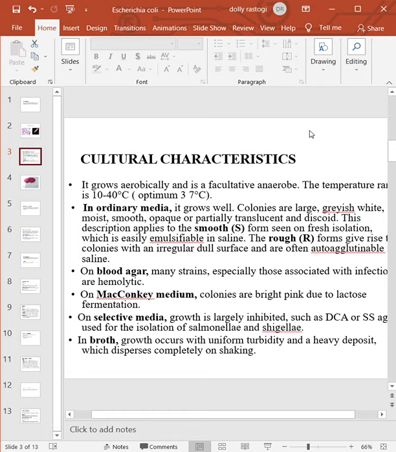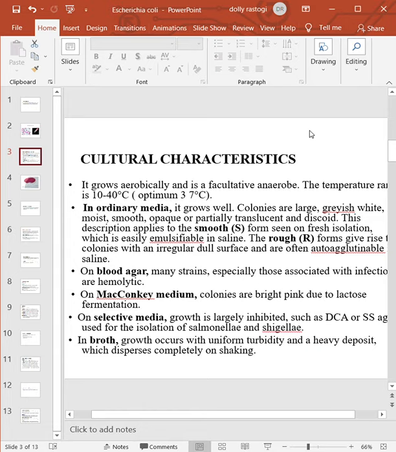The colonies that appear after incubation are large, grayish white, moist, smooth, opaque, partially translucent, and discoid.